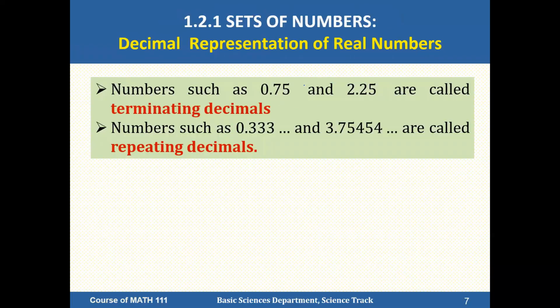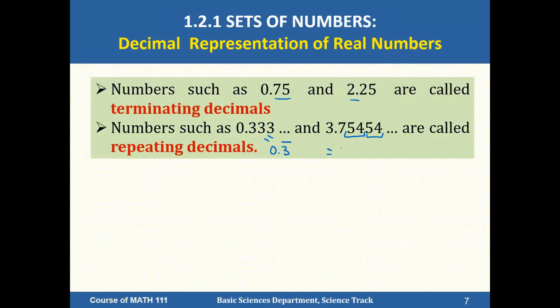So I repeat, these are examples of terminating and these are examples of repeating decimals. The repetition may come later, not from the first decimal digit. So here in this example, where is the repetition? This is the repetition, 5, 4.